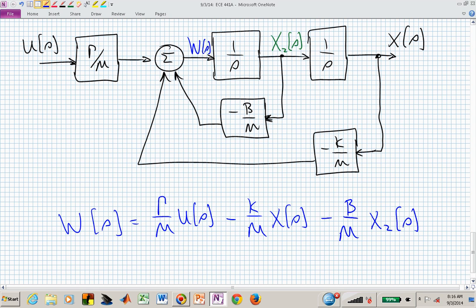What we need to do now is rewrite W in terms of X and rewrite X sub 2 in terms of X, and then we'll have just X's and U's with s's and coefficients. Then we can solve for X over U. That's what we want to do.